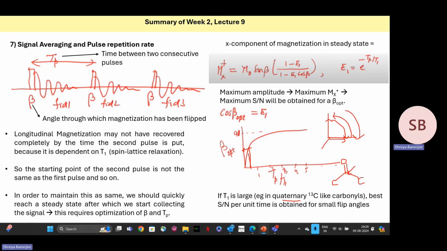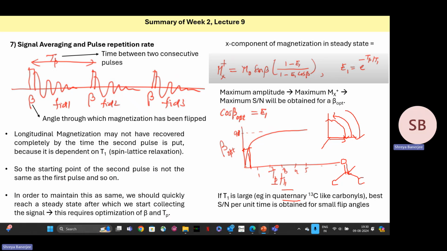In order to prevent this, we should know the T1, and according to the T1, we should set the time between the pulses to be long enough that the FIDs do not merge. And if Tp by T1 is small, we should just follow this curve.